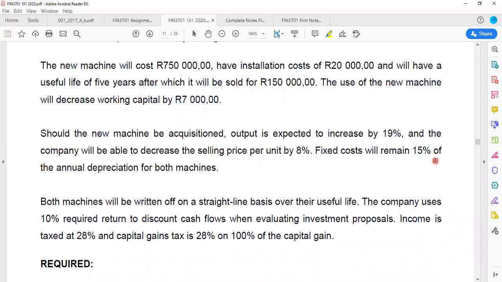Fixed costs will remain at 15% of annual depreciation for both machines. Both machines are written off on a straight line basis over the useful life. The discount rate, required rate of return, is 10%. We'll talk more about this. The income is taxed at 28% and the capital gains at 28%.